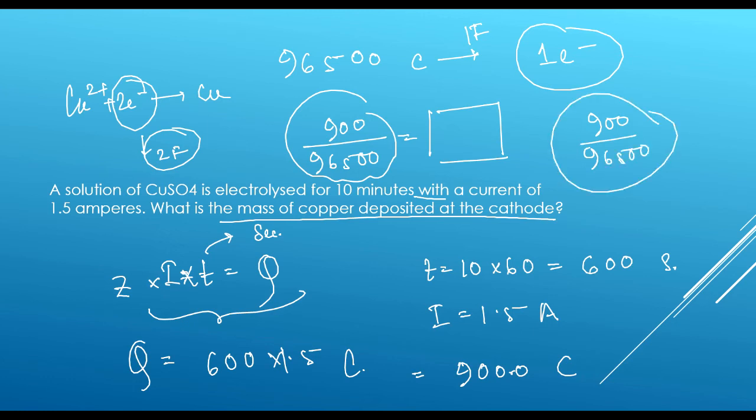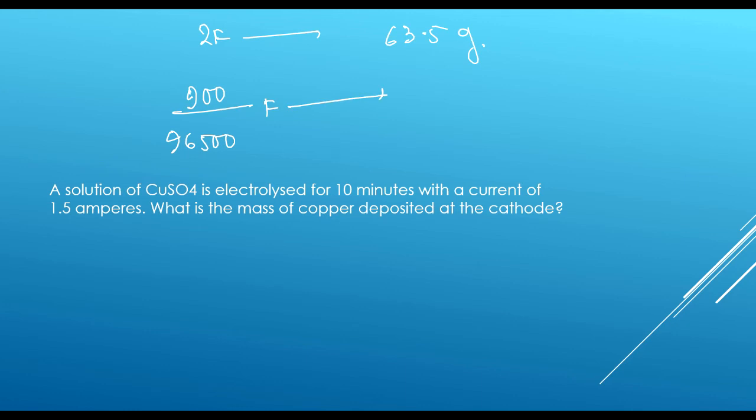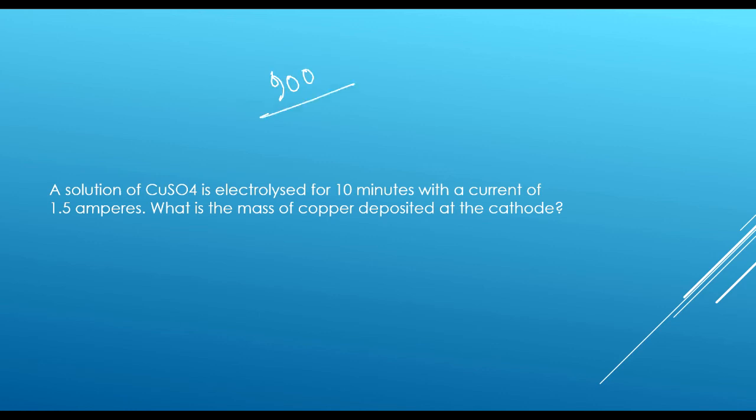So if 2 Faraday of electricity is needed to deposit 1 mole, that means 63.5 gram of copper, then we calculate how much will be deposited by 900 divided by 96500 Faraday. Whatever value you get will be your answer. After calculating 900 divided by 96500, we get 0.0093 Faraday of electricity.